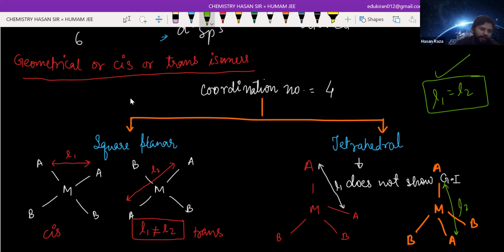Now, how will you be able to recognize which one is tetrahedral or sp3 hybridized? In VBT, you will come to know. This is your sp3, this is your dsp2.